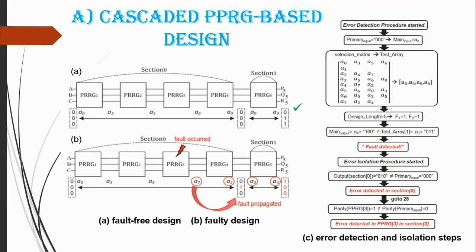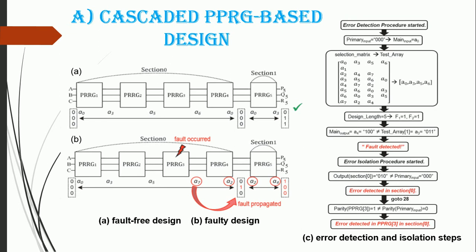In the error isolation procedure, we will look into each section and proceed further. As you can see from this, the output at section 0 is 011. It is not equal to the primary input, that is 000, so it is not matching in terms of parity again, and an error has been detected in section 0.